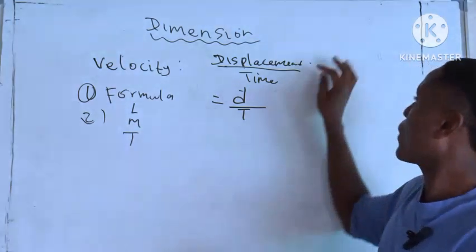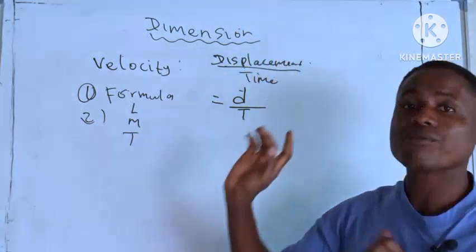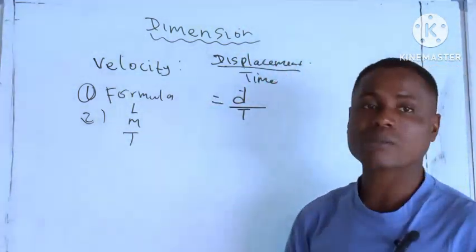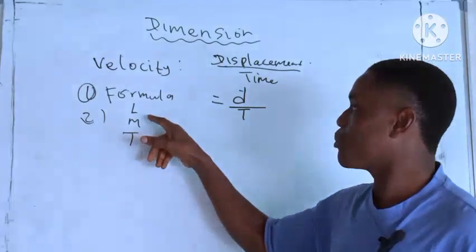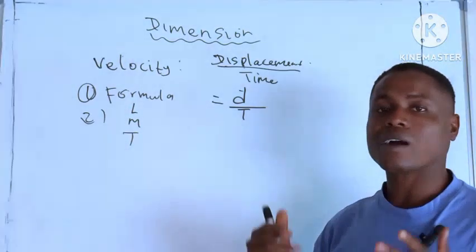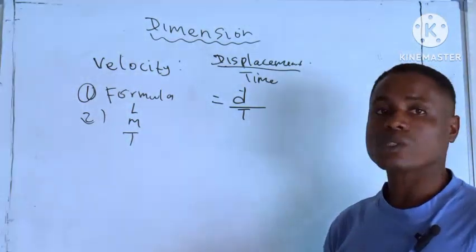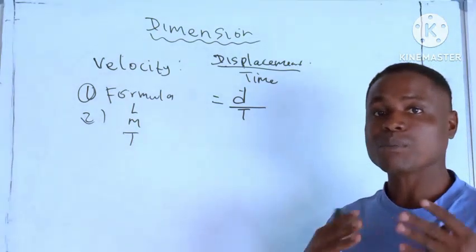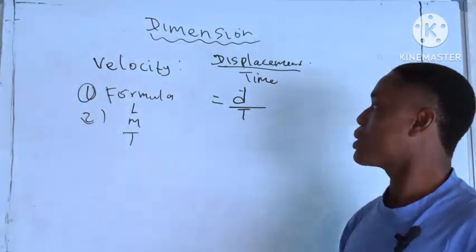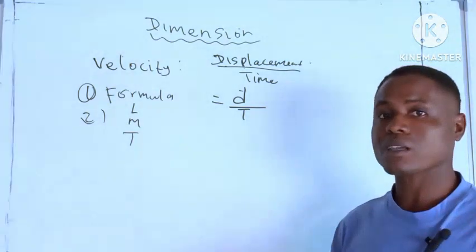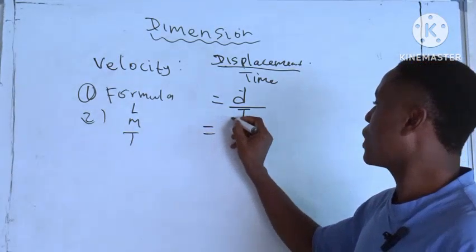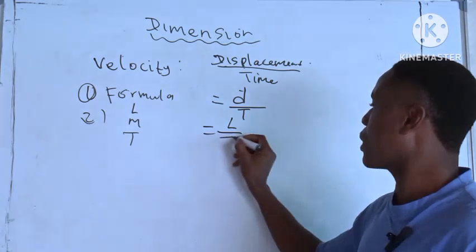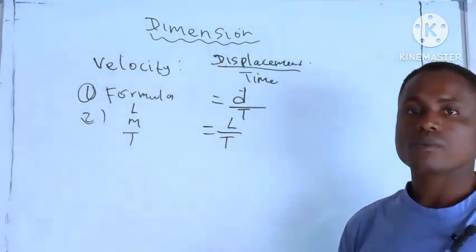If I write distance here, supposing the formula is distance all over time, meaning that distance, we can easily change it to length, because length and distance contain the same unit, which is meter. Displacement too is the same unit, meter. So we can easily convert this to length, which is L all over T. Are you getting it now?